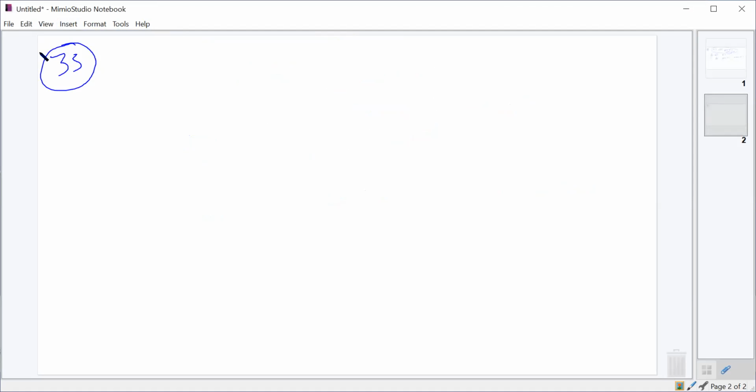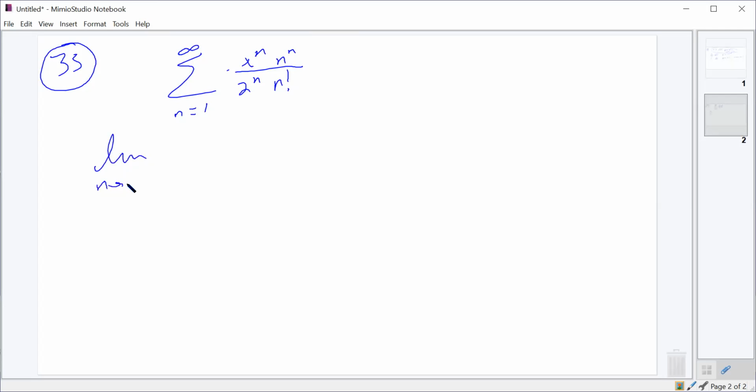33. We've got the radius of convergence. And we've got the sum from n equals 1 to infinity of x to the n, n to the n over 2 to the n times n factorial. And so we'll start off by taking the absolute value and the ratio test.